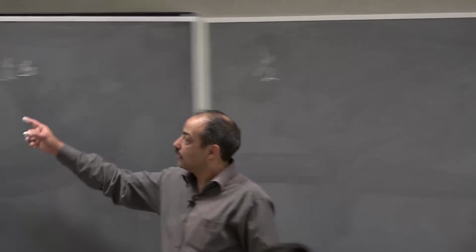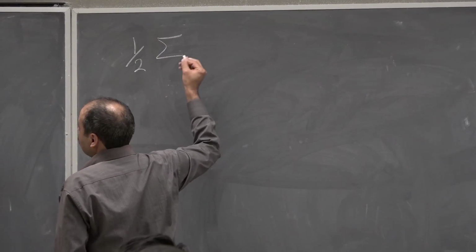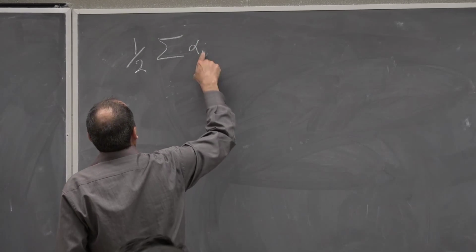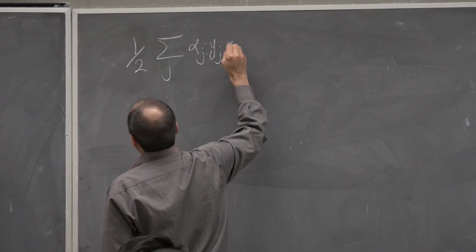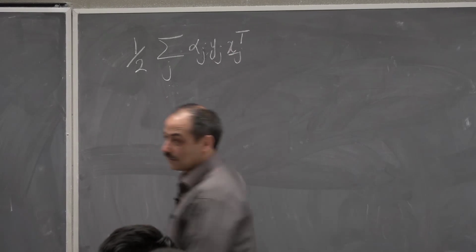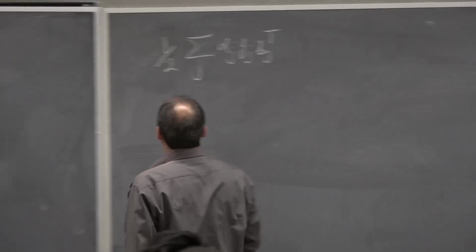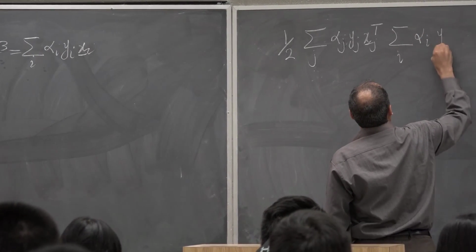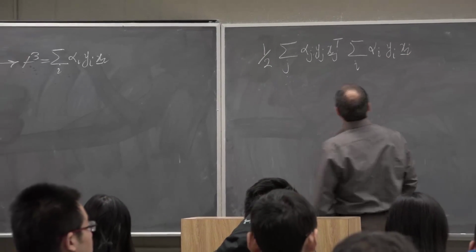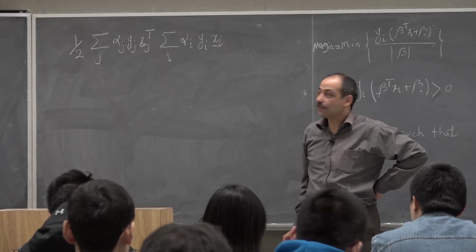I know this is beta, so I need beta transpose, which is alpha i, alpha j, yj, xj transpose, or i transpose, it makes no difference, it's just the index, times beta, alpha i, yi, xi. It's the first term.